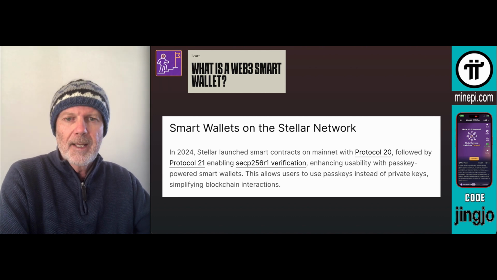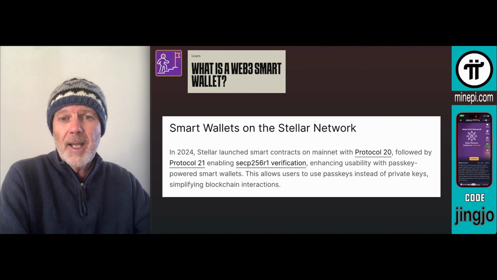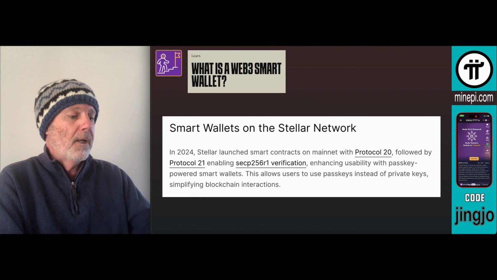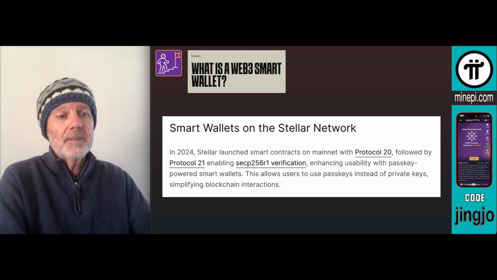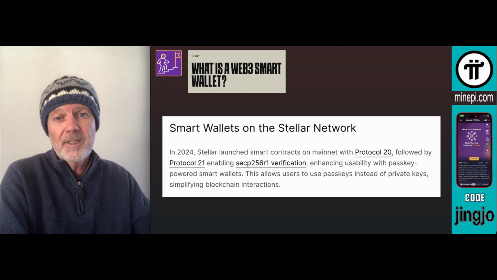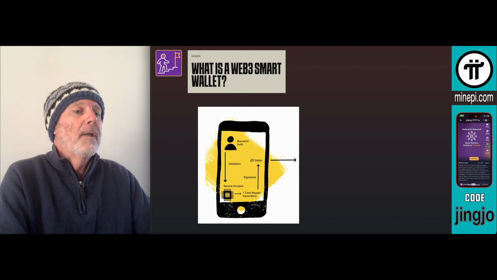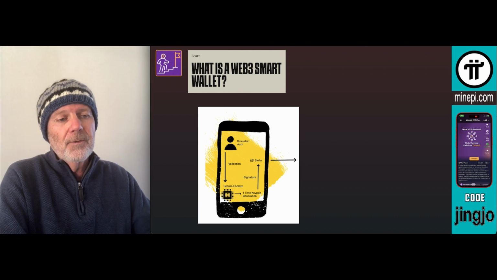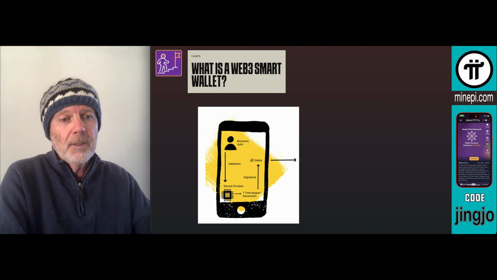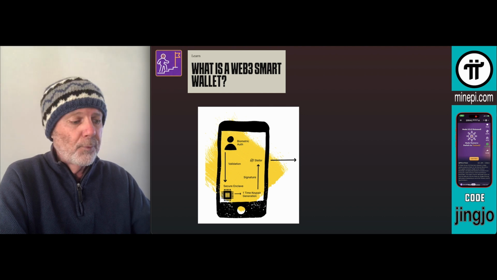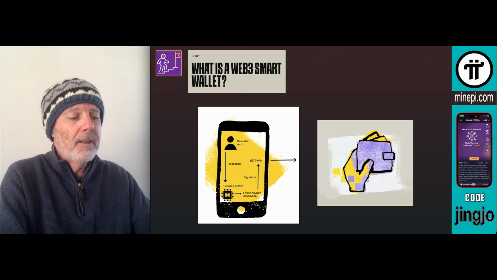And what this enables is a use of a passkey instead of seed phrases to create wallets. So this is a very interesting thing. I guess they're going to be getting rid of seed phrases, right? So this enables you to use biometrics, your Face ID, your fingerprints, and now you can create a wallet using that.